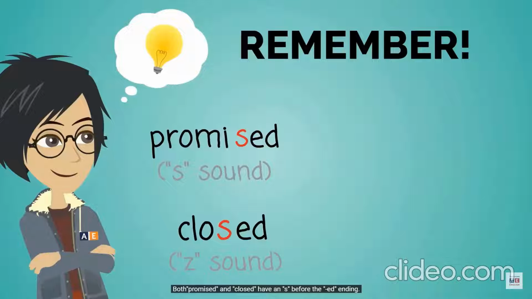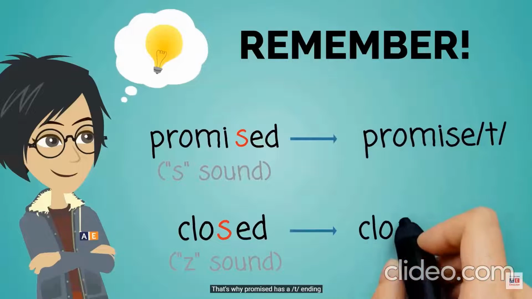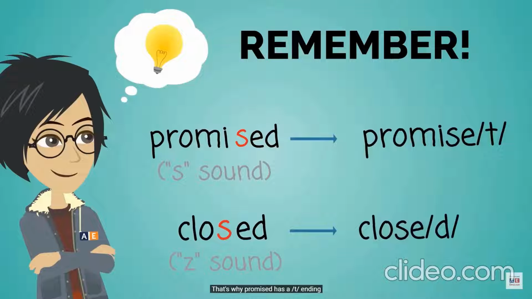Both promised and closed have an s before the ed ending. However, promised has an s sound and closed has a z sound. That's why promised has a t ending and closed has the d ending.